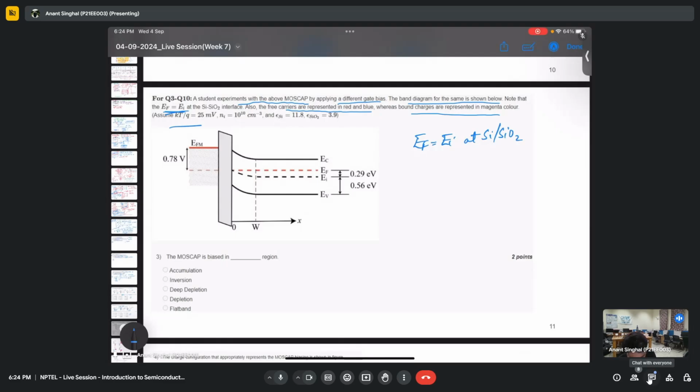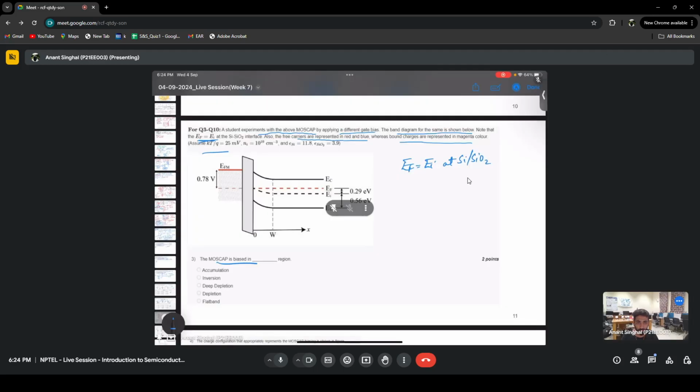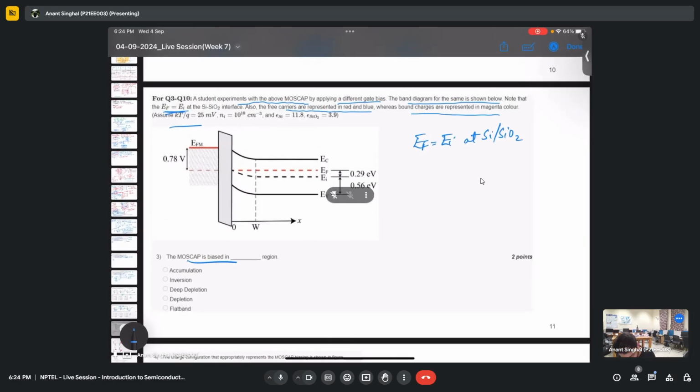So the first question is, the MOSFET is biased in which region? I hope this is very easy now. Depletion. Yeah, it is in depletion. So I hope I don't need to have a very large discussion for this. So it will be in depletion because EF is equal to EI at the interface. So option D then is deep depletion?